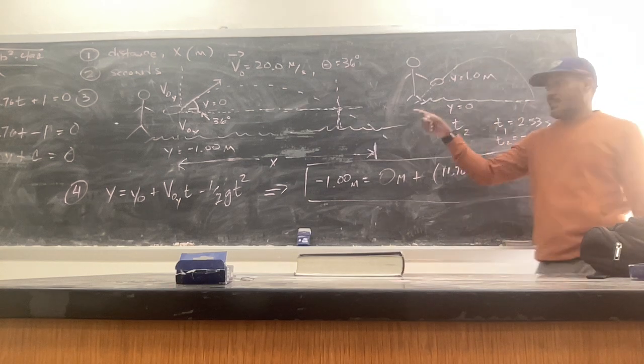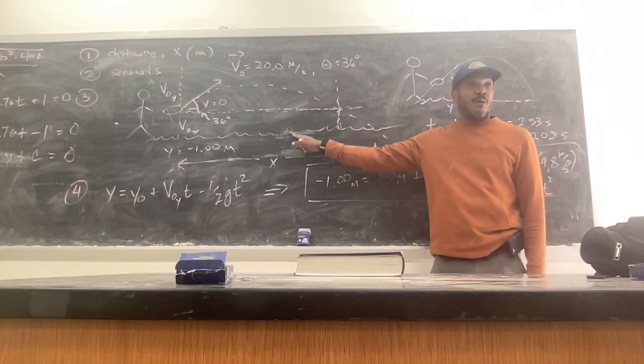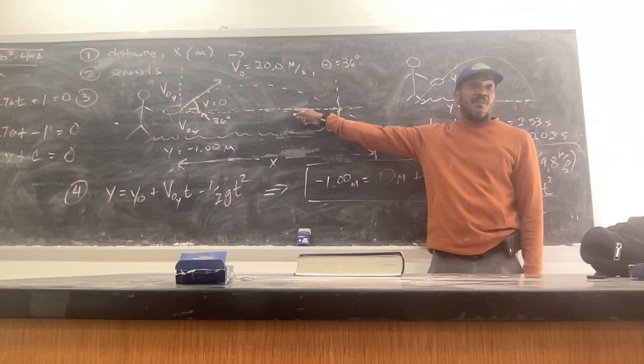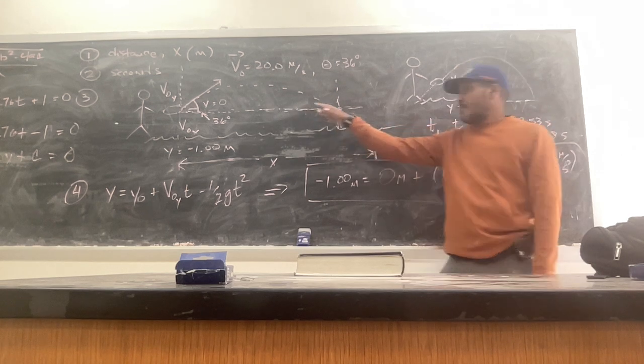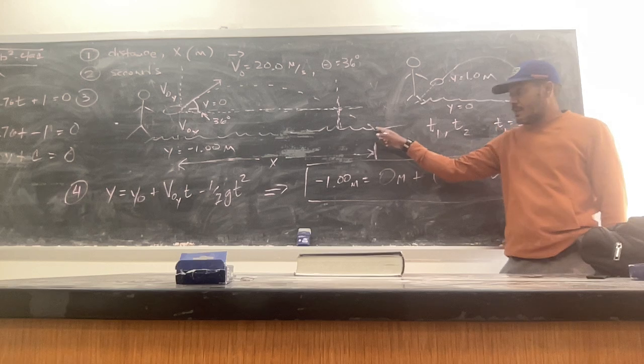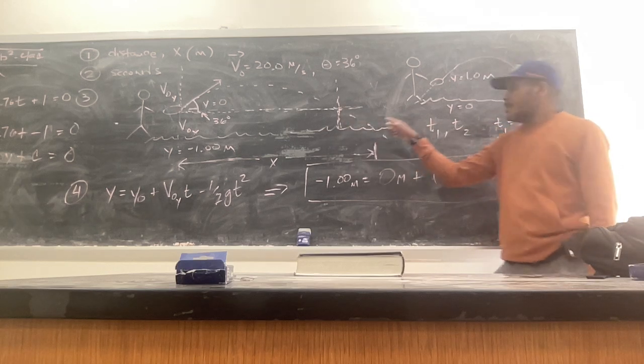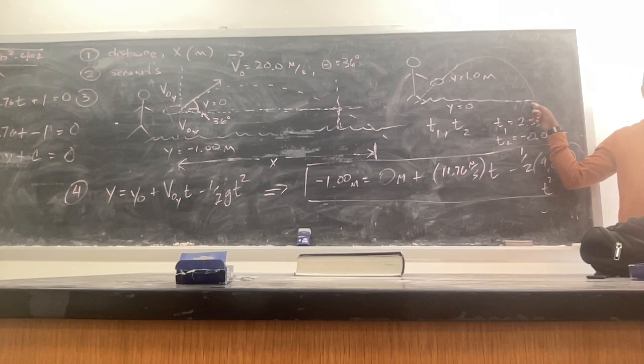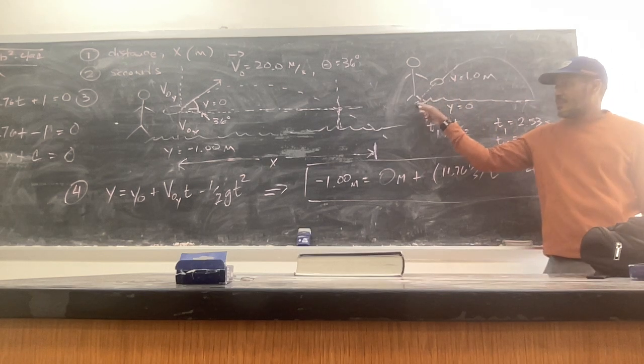You see, the difference here is I didn't make it the ground. We made where he kicked it from the 0. So the negative part is this part right here. But here, when I make y equals 0 the ground, then my negative part is here.